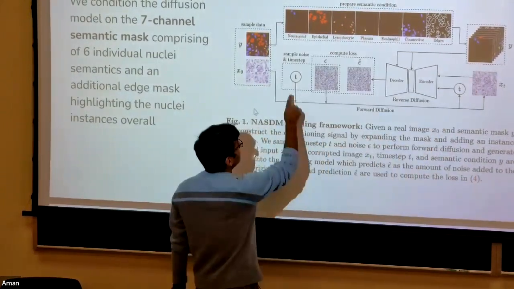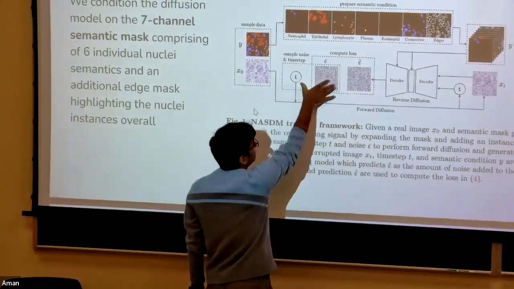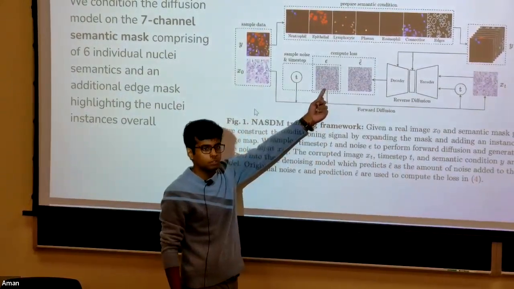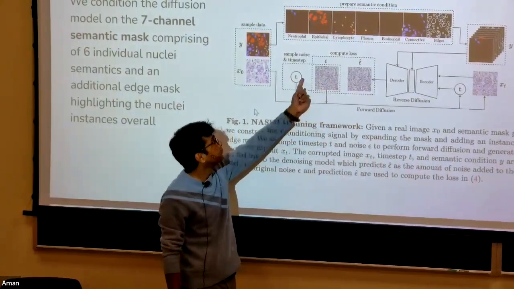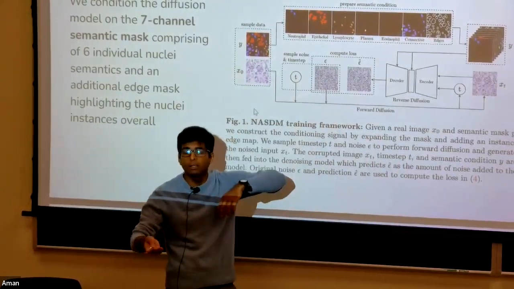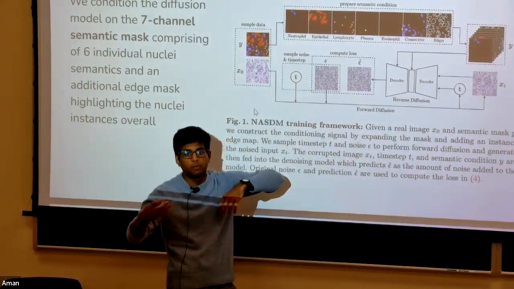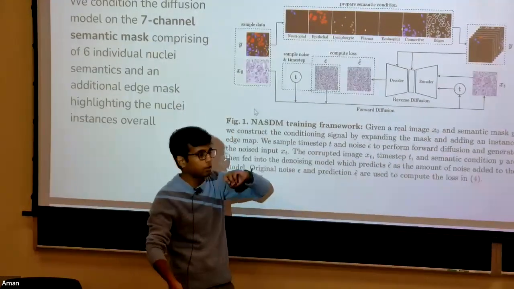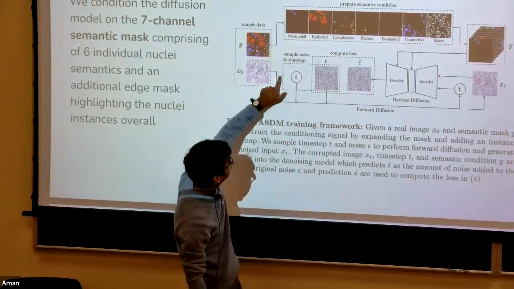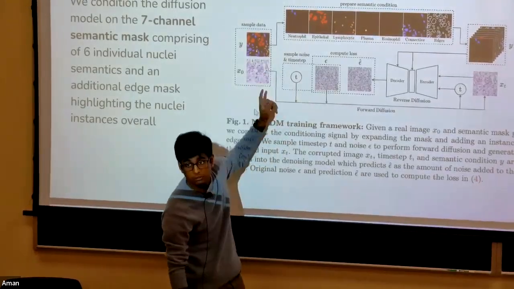You then sample a time step and some noise, right? This noise is sampled from a 0-1 normal distribution. It's just random noise. This time step is uniformly sampled between 0 and capital T, and capital T is the number of diffusion steps you're using to train a model like this. Once you sample both of these, you can then use the forward diffusion to noise this image, right?